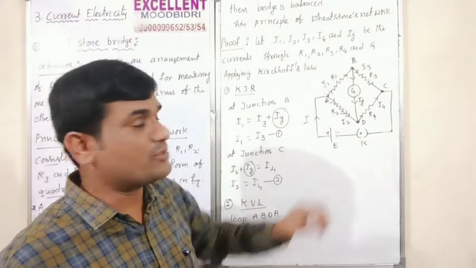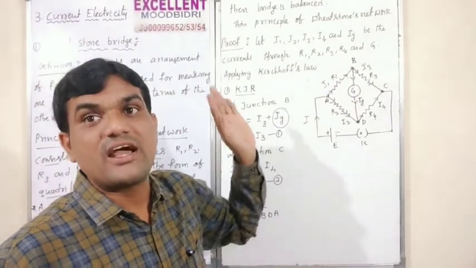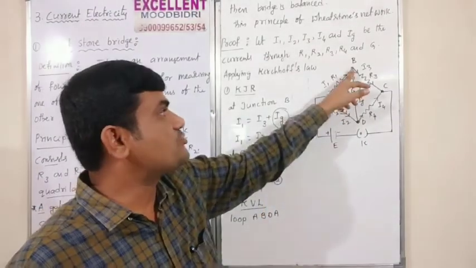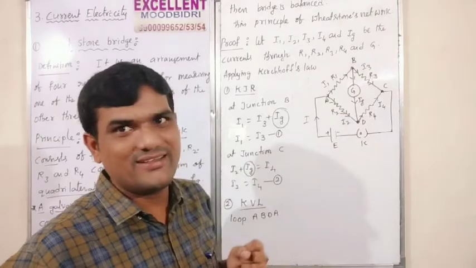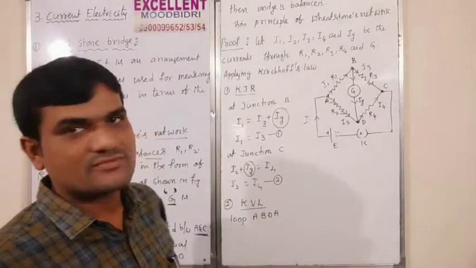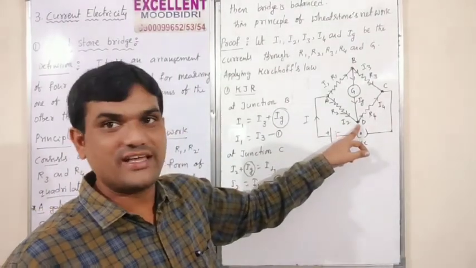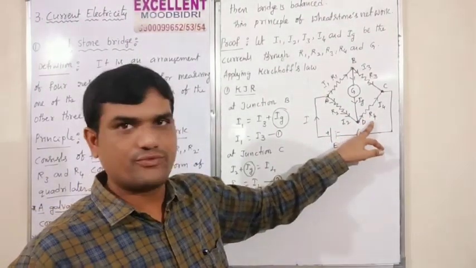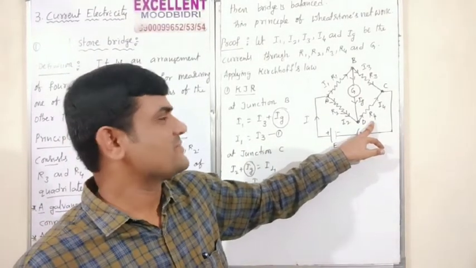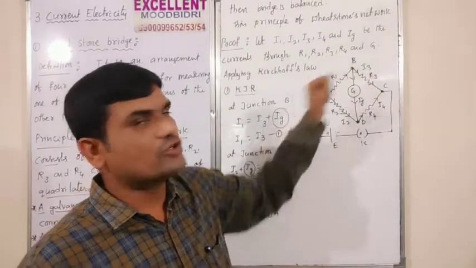Now for that purpose we want to consider the junctions here and here, to get the I1, I2, I3, I4 values. Now at this point I1 is equal to I3, correct? At this point I2 is equal to I4, yes or no? Similarly, at this point I1 is equal to I3.